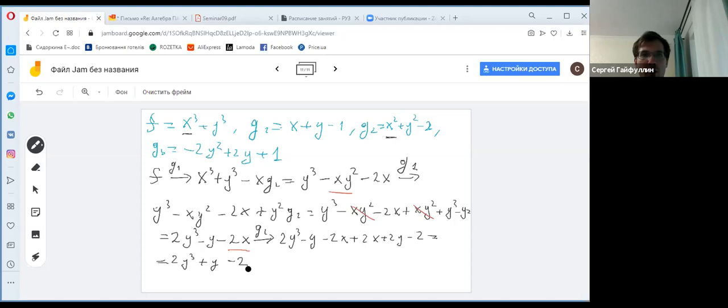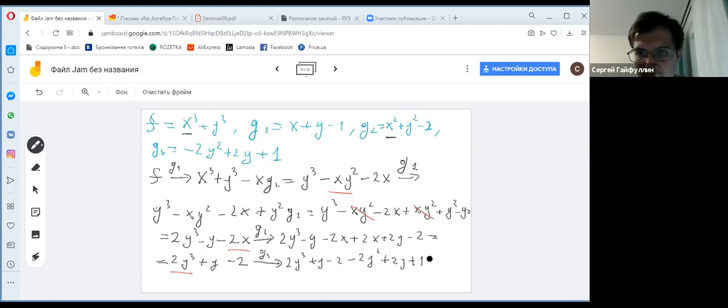Okay, and now I want to reduce it by g3. First of all, for this term, and now I reduce it by g3. This is 2y cubed plus y minus 2 plus y multiplied by g3. This is minus 2y cubed plus 2y plus 1.